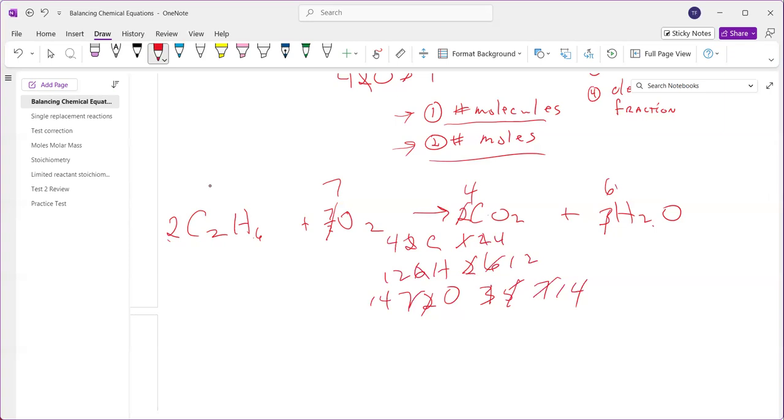So some teachers will tell you right off the bat, oh, I can have fractions. Put the fractions down so it's balanced, just don't leave it as a fraction, because we can't have fractional coefficients. Does that process make sense? That reasonable? Yes. And then we check. The check is the inventory.